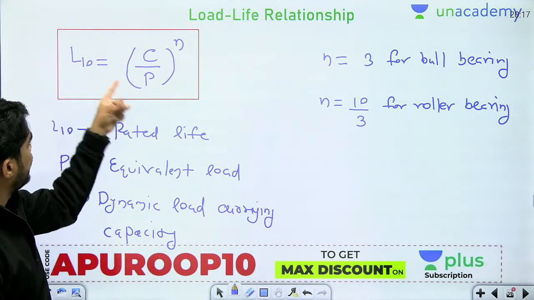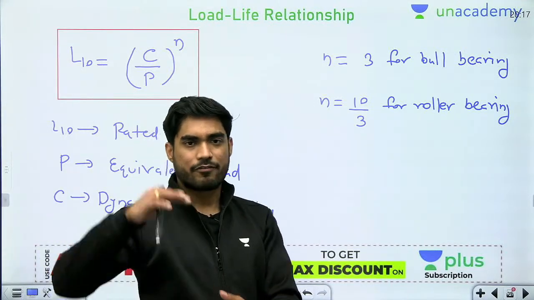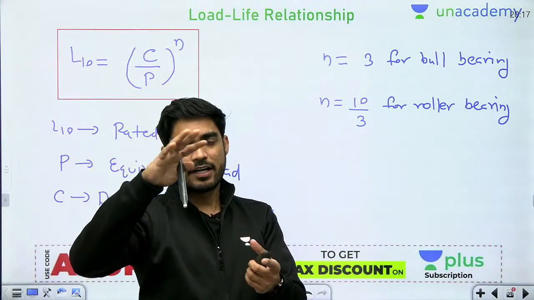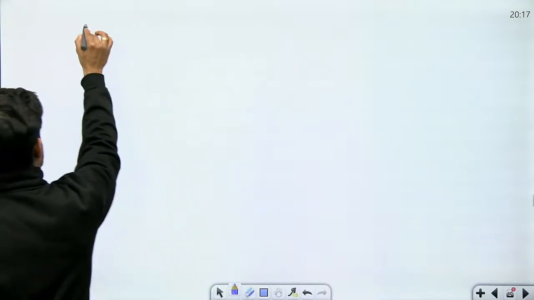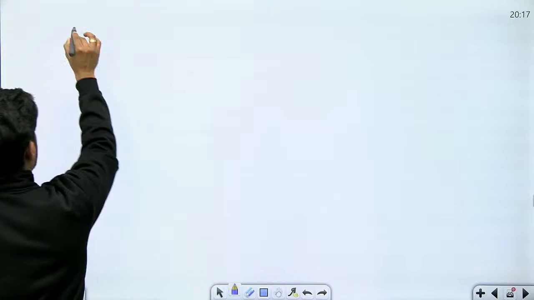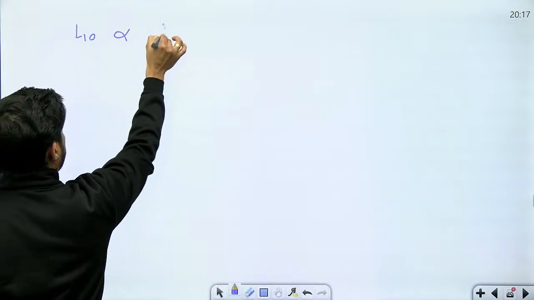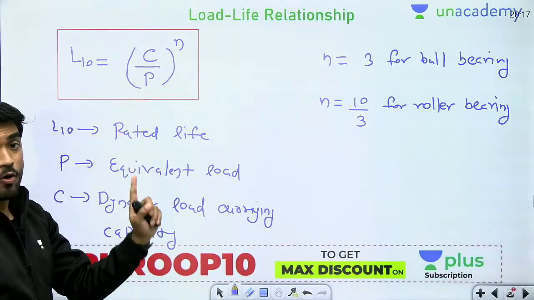Now what will be the direct relation between life and load? Direct relation means if I have different life and different load, what will be their ratio? Understand, L10 will be directly proportional to 1 by P to the power n, because C is constant.